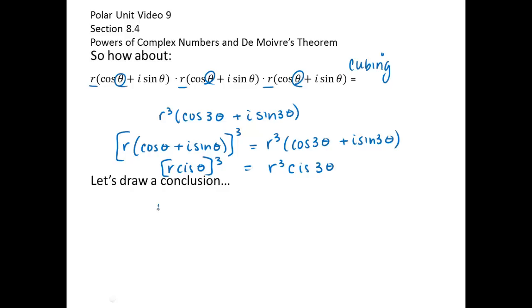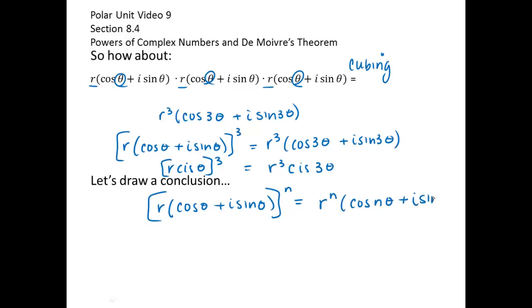So let's start with our longhand, r cosine of theta plus i sine of theta to the nth power will equal r to the nth cosine of n theta plus i sine of n theta. Here I'm multiplying. Let's write it in shorthand. r cis of theta to the nth power will equal r to the nth cis n theta.